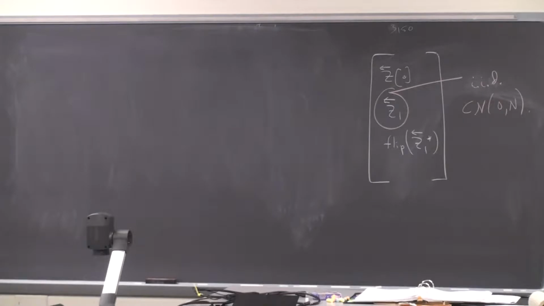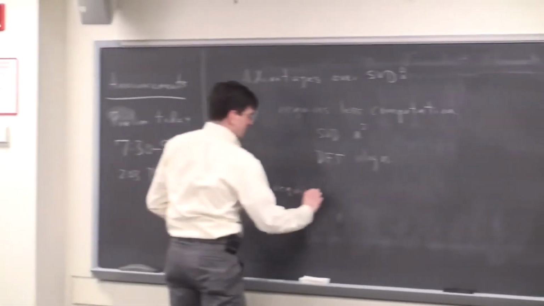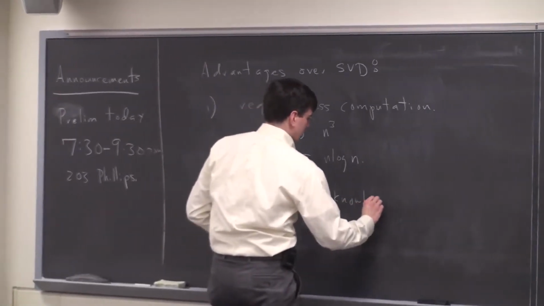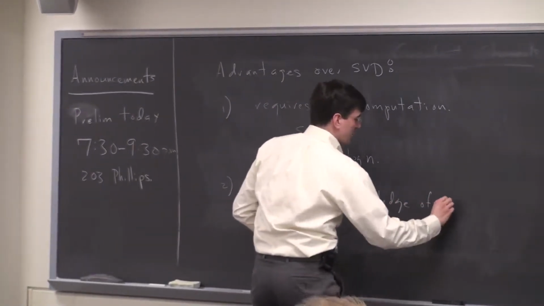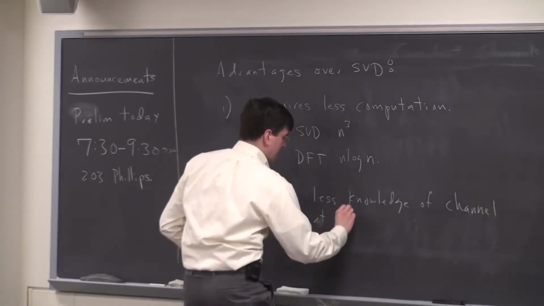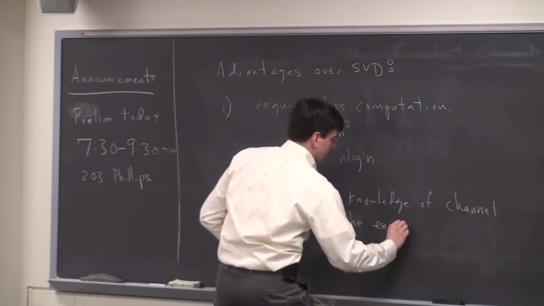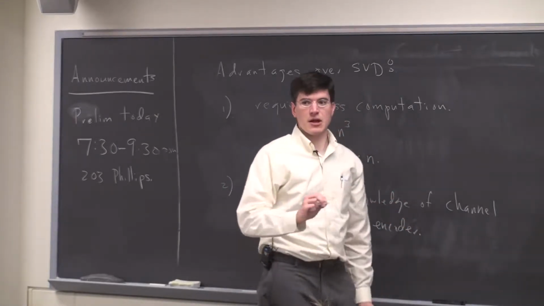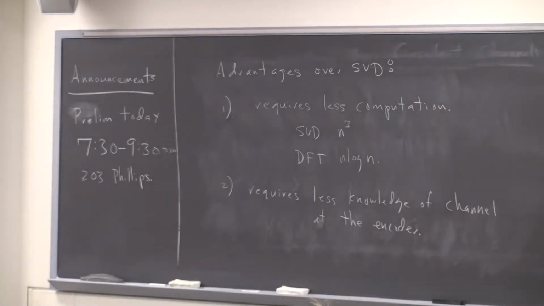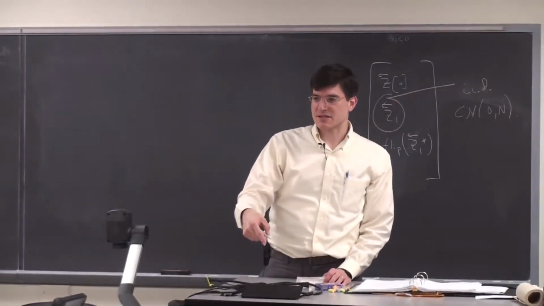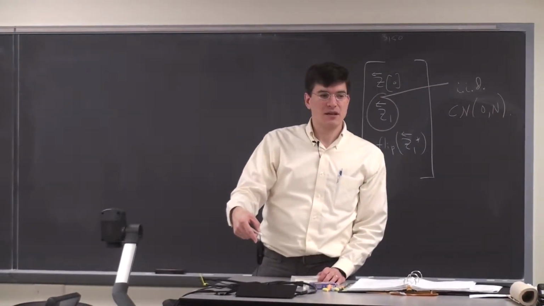Okay, then second of all, it requires less knowledge of the channel at the encoder. So when we did the SVD, the encoder needed to know H exactly, so it could multiply by the change of basis, V, to make everything work.